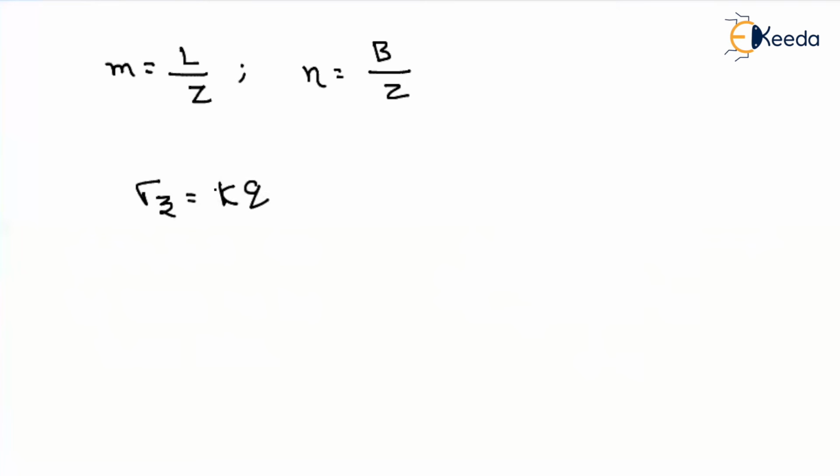Here q we have already seen is the intensity of the loaded area, but k we can call a constant. In the exam they will give you the value of K. This K depends upon the dimensions of the loaded area and where you are finding the stress. So if you know m and n, based on this you can find the K value. If you know the K value, then using the intensity of the loaded area, we can find the stress.